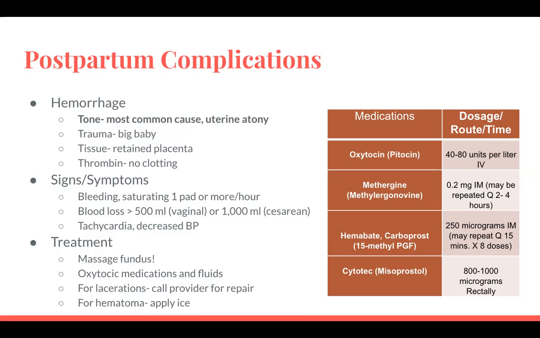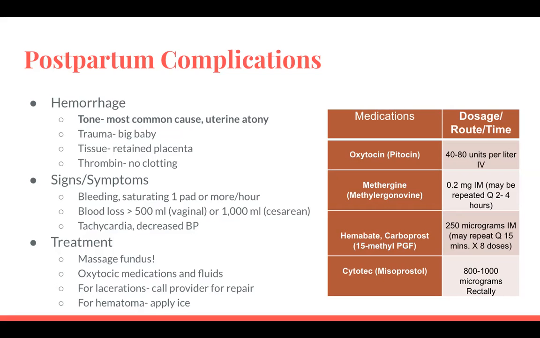All right. So, and I talked about this a little bit. If the fundus is up and deviated to the right, get a straight cath because the mom has a full bladder. Massage the fundus, give those oxytocin medications to get the uterus to come back down because subinvolution can lead to hemorrhaging as well.